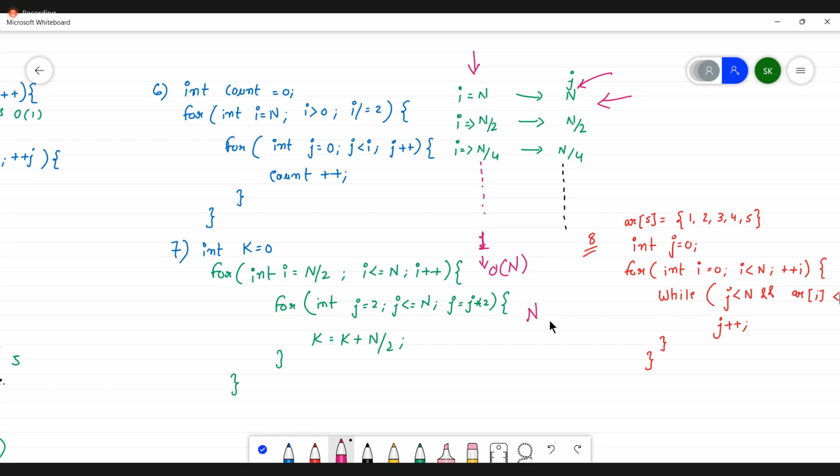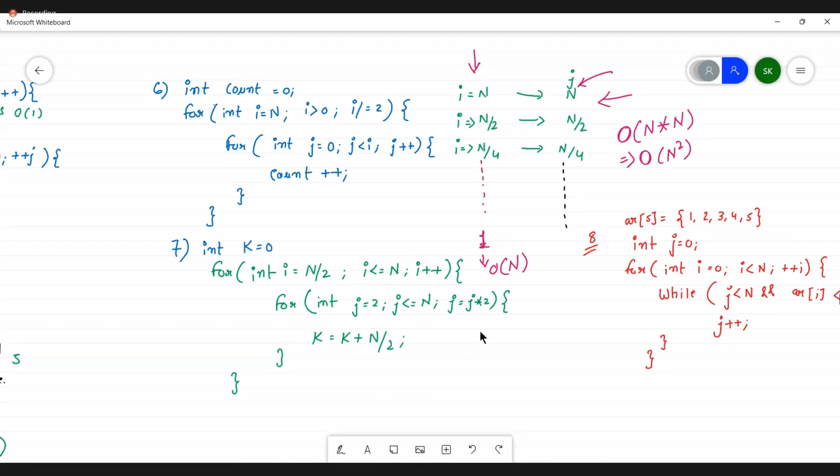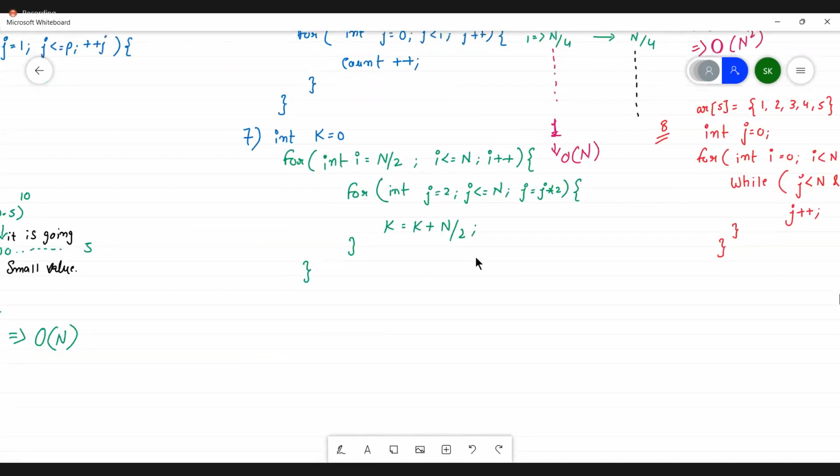So the outer loop running for n times and the inner loop running for maximally n times makes its time complexity n square. Clear, everyone? So its time complexity is going to be order of n square. If anyone is facing any doubts or questions, they can just unmute and ask.